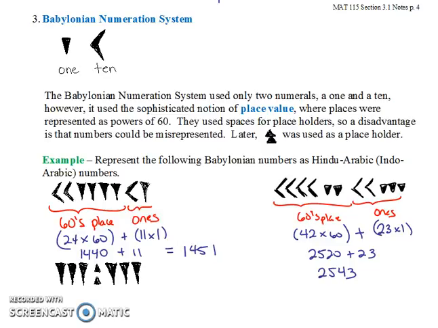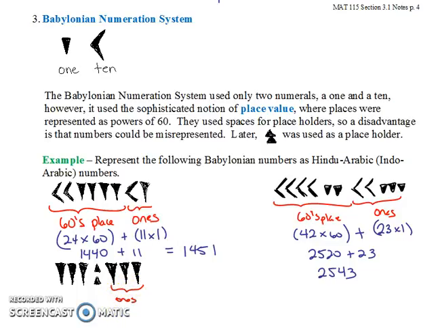Now, later, they decided to do the two little triangles on top of each other to indicate that there is nothing, a placeholder. There's nothing in that spot. So we're going to go from right to left again, and we're going to start with these 3. That represents the 1's place.